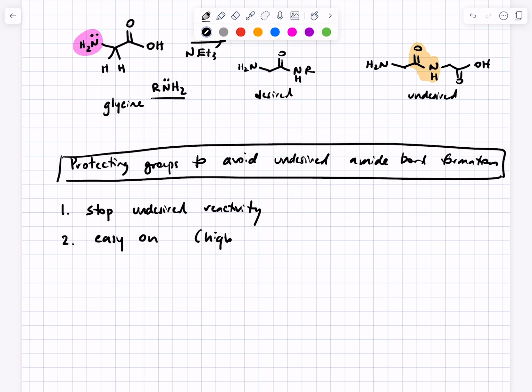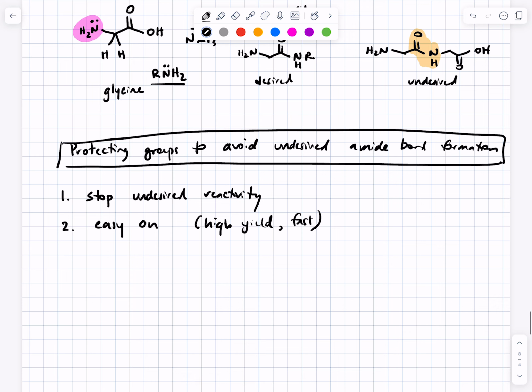That means high yield and fast. Those are two separate things, 100% yield and really fast. And then it also needs to be easy off. Again, high yield, fast, and ideally no purification.